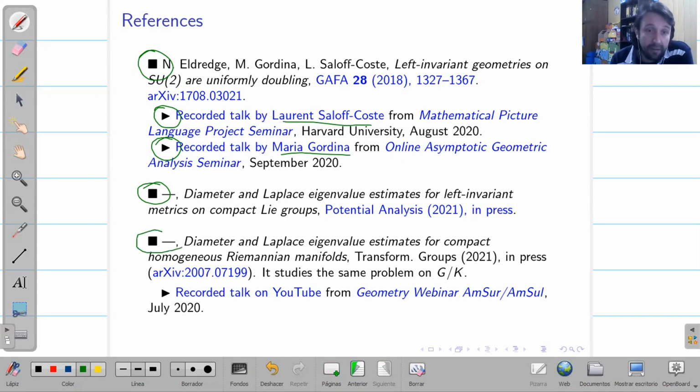And there is a continuation of this that works on the same problem, but in the homogeneous case. What is the idea? In place of working in the space of left-invariant metrics on G, you have a K here, and you work on the space of G-invariant metrics on G over K. So you have the same problem, you have the analogous conjecture, and so on.